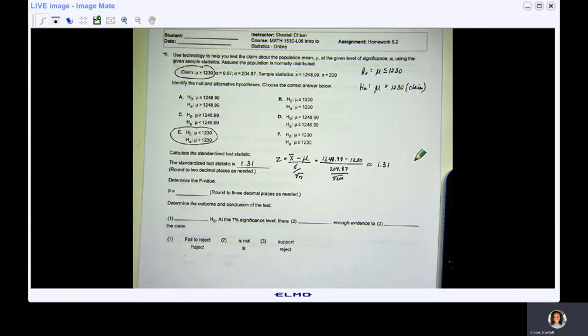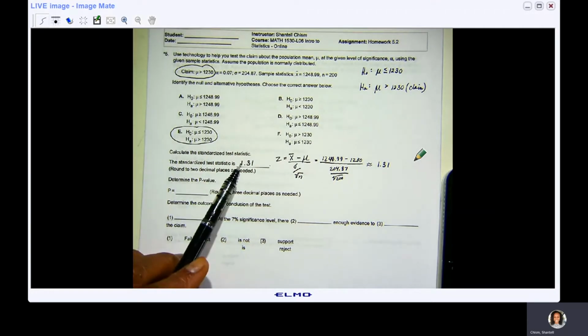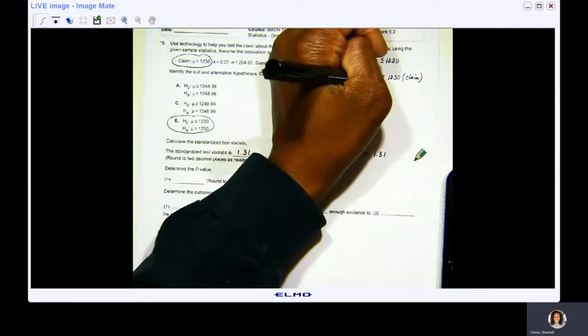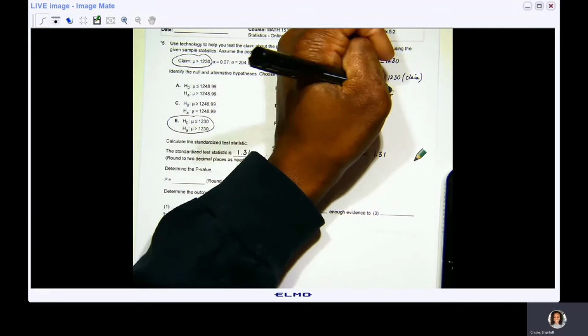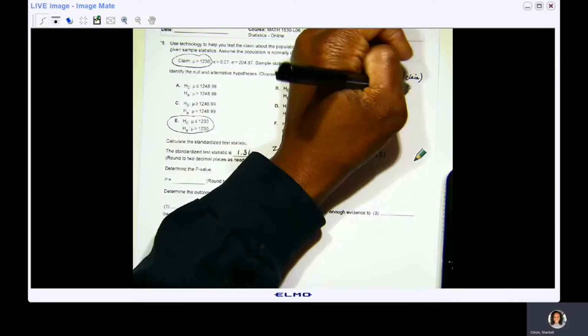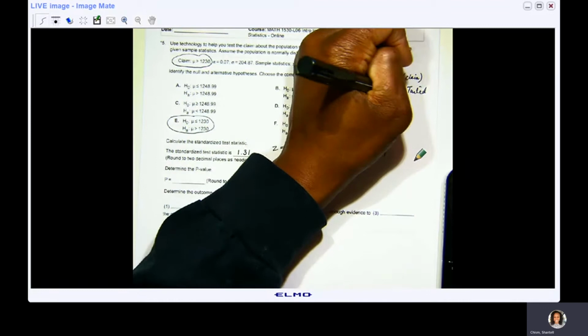Well, in this case, the p-value is the area that corresponds to your test statistic, okay? So what I'm going to do, just like before, is determine what kind of test this is. It's a right-tailed test.